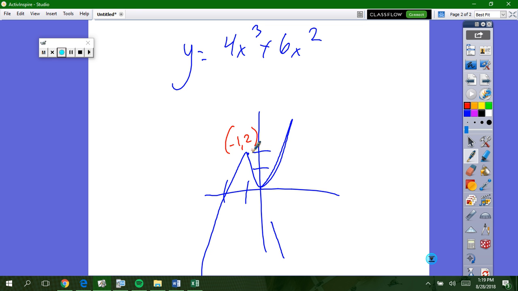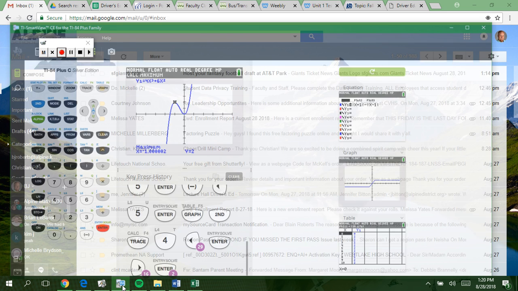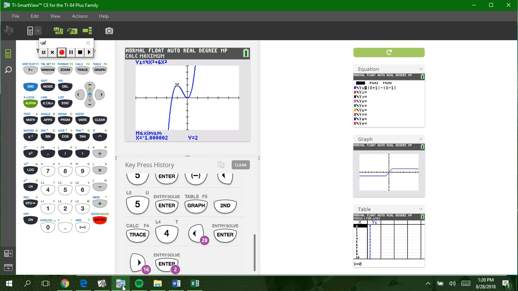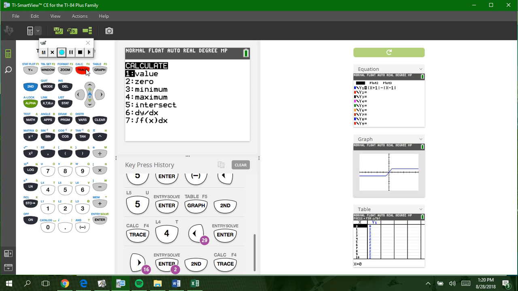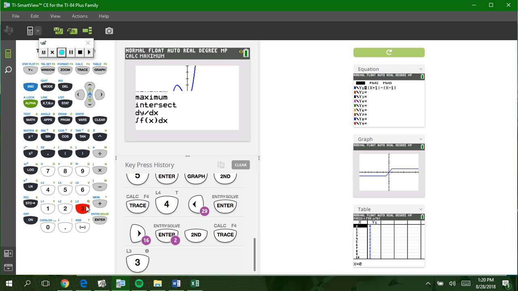Okay. So now I'm going to go ahead and, sorry, we went to here, didn't we? Now I'm going to find the low point. So where do I find that low point? Second, calculate again, except this time I'm going to find the minimum, which is number 3. Okay, so left bound.